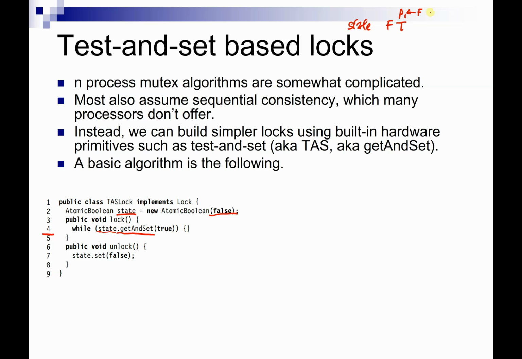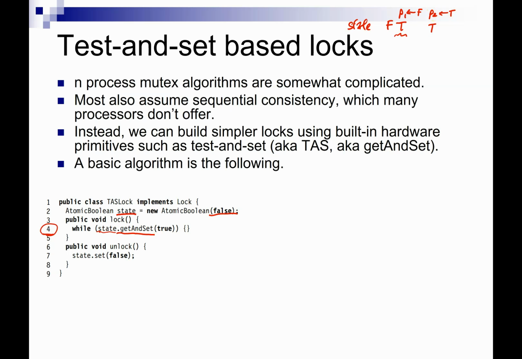Now later on you have another process, P2. P2 is going to do his get and set, but now state has already become true. So when P2 does his get and set, he's going to see true, and state continues to be true because of the get and set. Because P2 saw that state is true, he's going to wait at line 4 here.